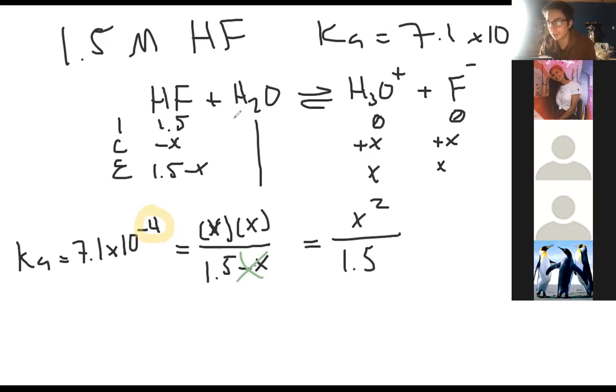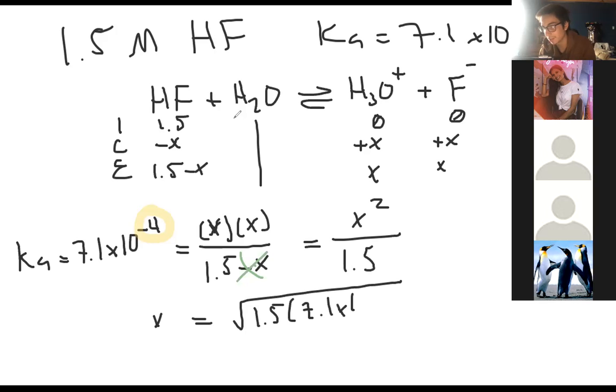So all we have to do now, we have x squared is equal to, square root, oh no, not yet. Well, we could do that. X is equal to the square root of 1.5 multiplied by 7.1 times 10 to the negative 4.